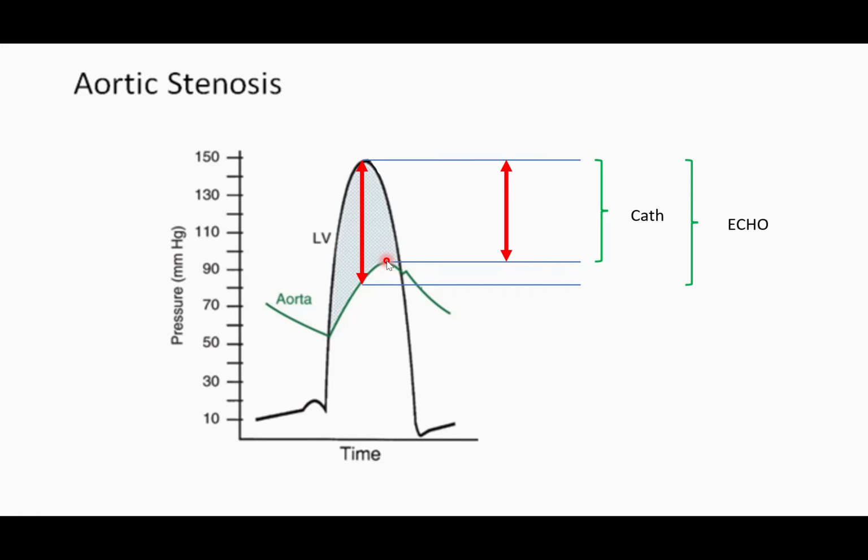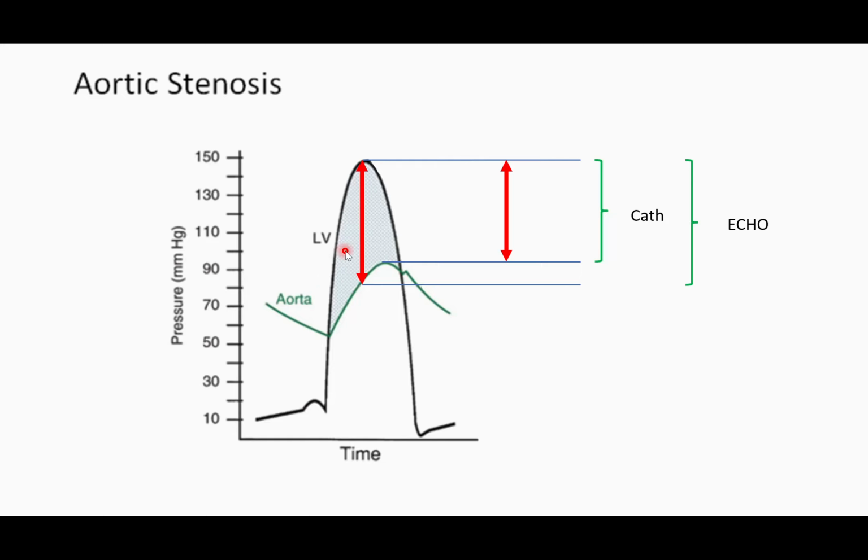When we measure these peaks in the cath lab, we put the catheter in the aorta and then measure the peak, and then we pull the catheter in the left ventricle, or the other way around.